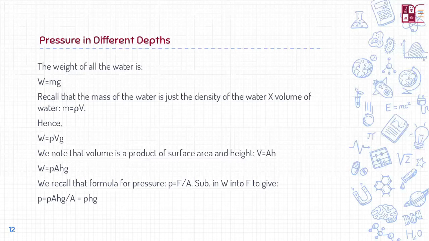We also know that the volume is the product of the surface area and the height, so V equals Ah. So W equals rho Ahg. We also know that the formula for pressure is force upon area. Substituting W for the force, P equals rho Ahg upon A, cancelling the two A's, we get P equals rho gh. So this was the derivation for the hydrostatic pressure.